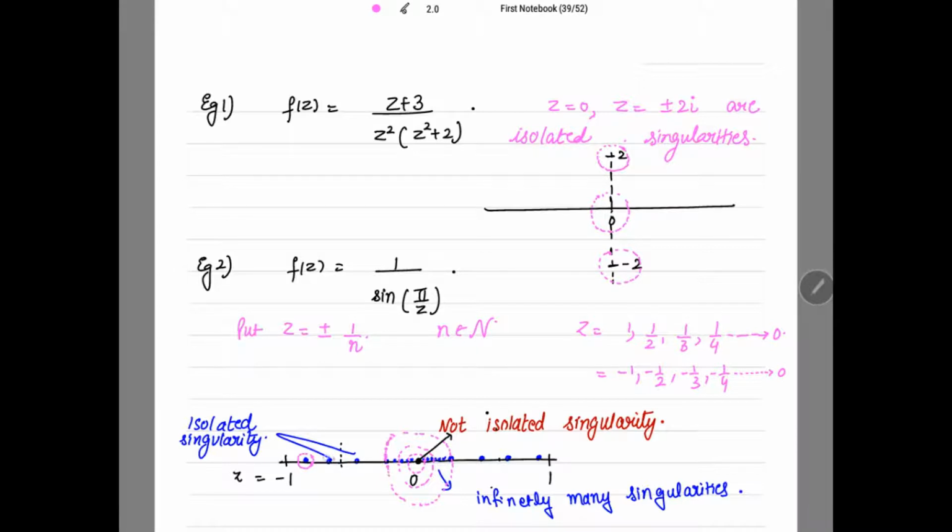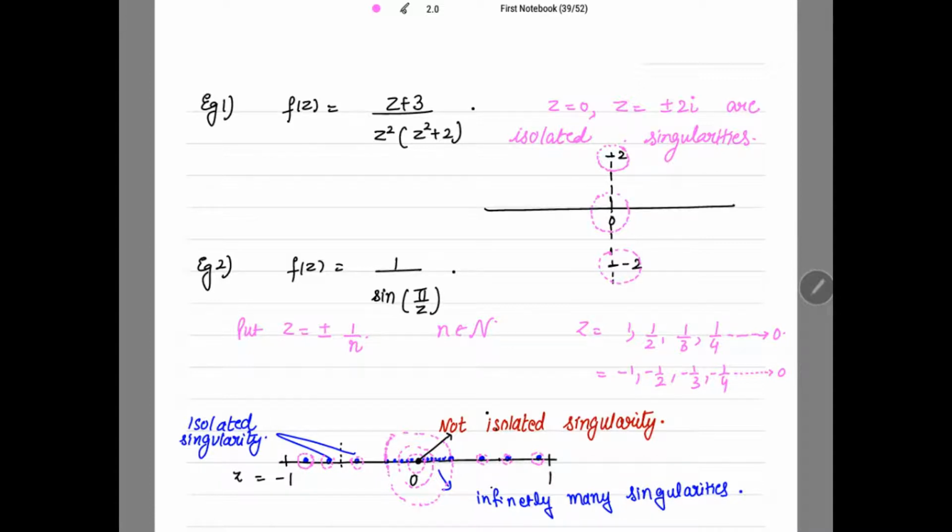Similarly, this is also isolated, this is also isolated, the positive ones. So plus minus 1 by n are the isolated singularities, right? We can choose a radius so small that no other singularity can fall in this neighborhood of the point, right?